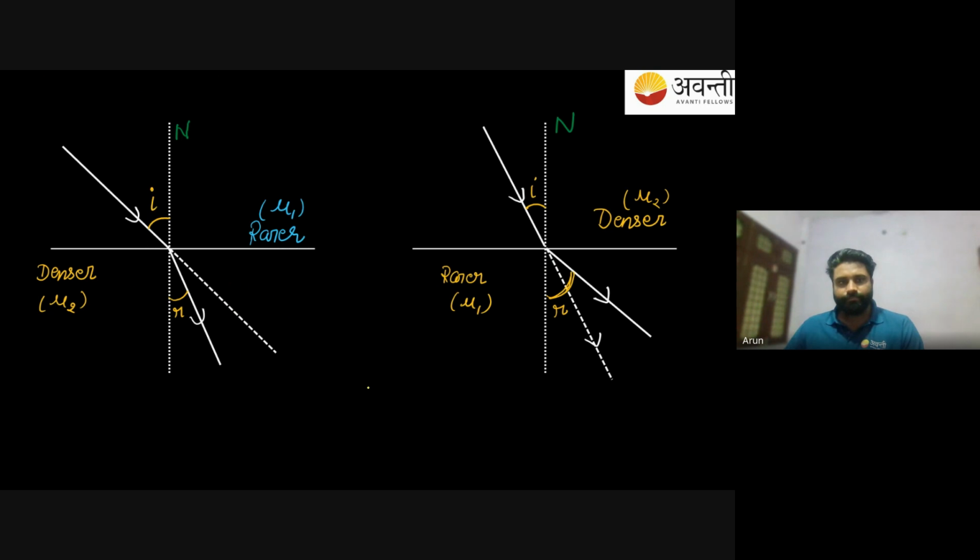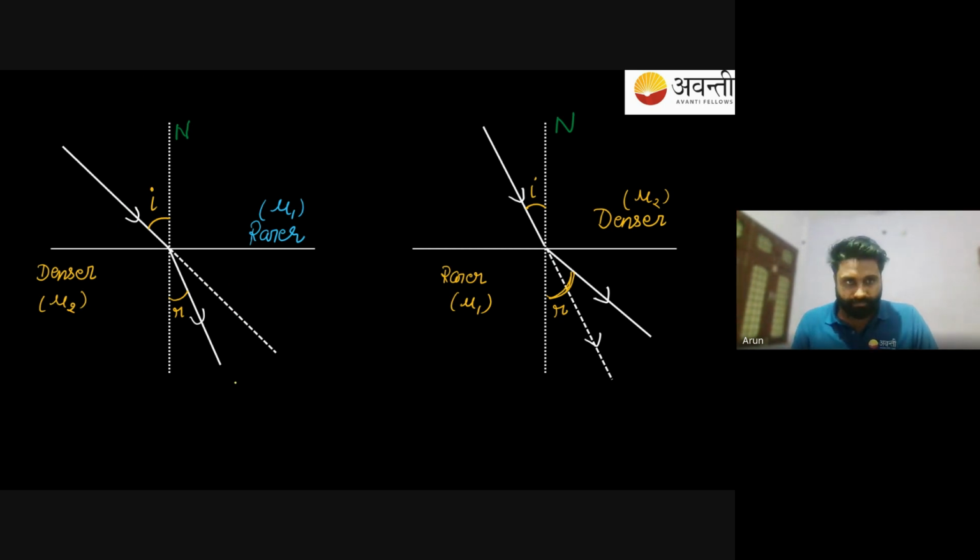Now, for the better understanding of refraction, what is refraction? जब भी कोई ray, whenever a ray is coming from an optically rarer medium, ठीक है? Tell me, what is rarer, air or water? Obviously, you can feel it: air is rarer than water.